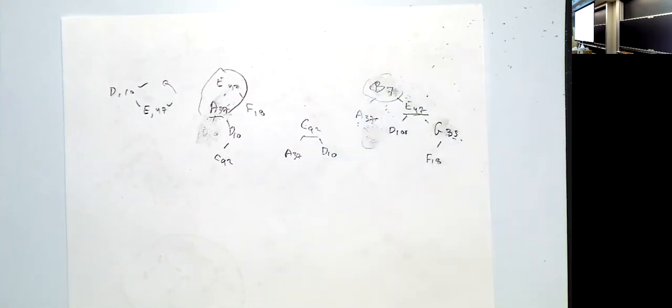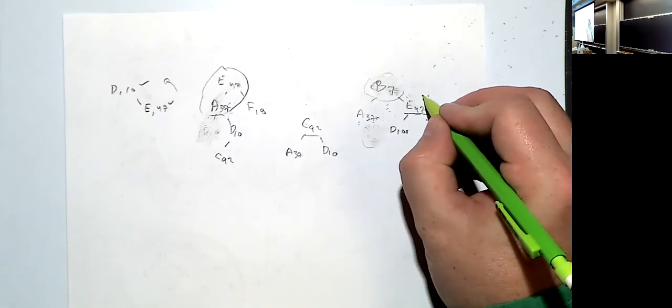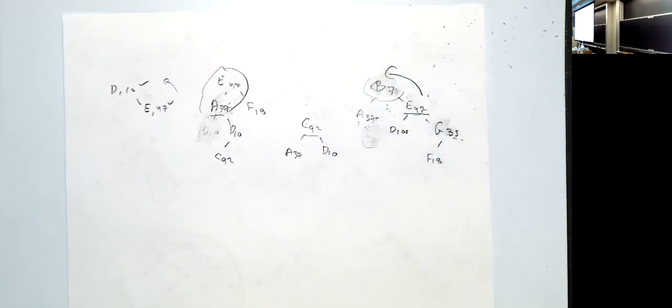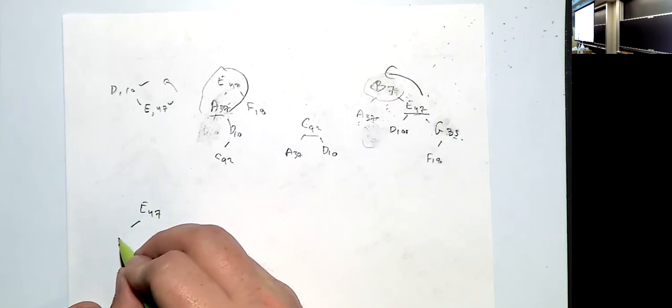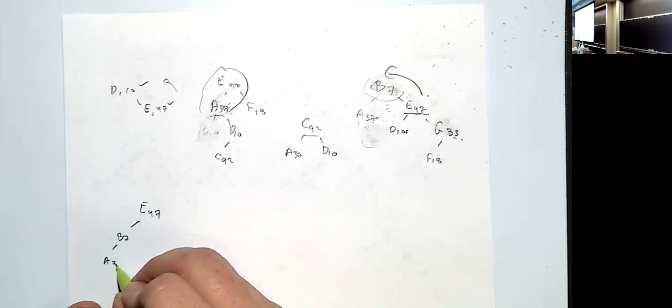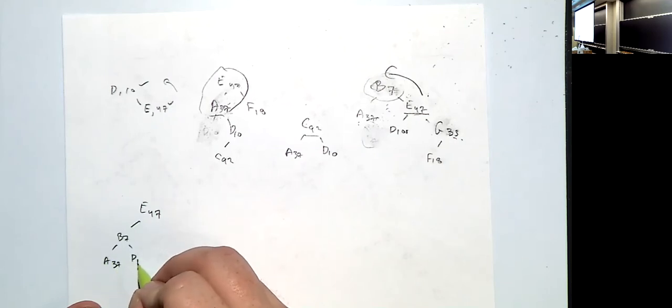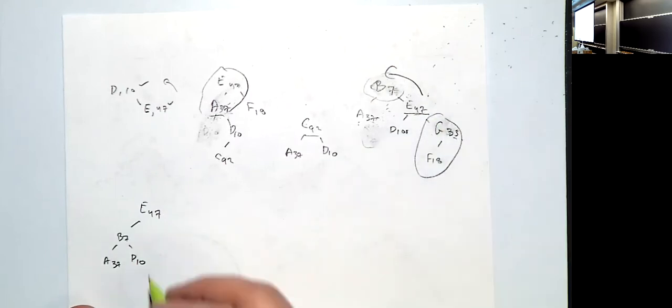We still have to maintain the order. We can't just change these like we would do in a heap, excuse me. So we would just rotate, and E47 is going to become the new root, and then we would have B7 here, A37, and D10. All this is going to remain the same for the time being.